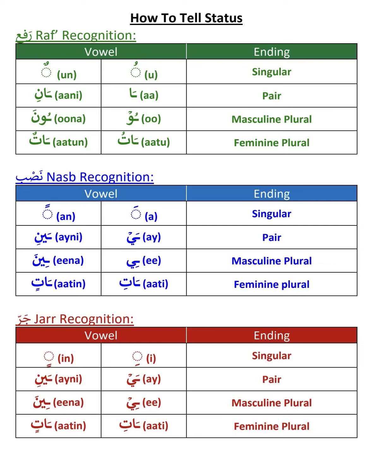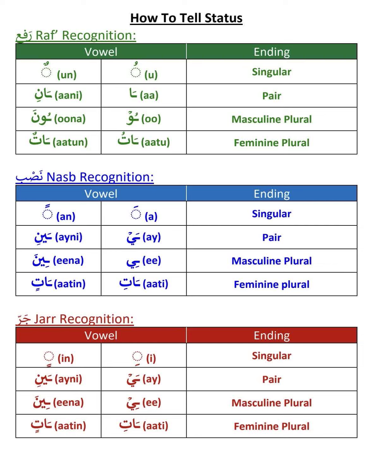Remember one thing: Muslimun and Muslimani. Muslimun has the un sound. Un is two letters, but it's one sound. But ani is actually two sounds, Muslimani.